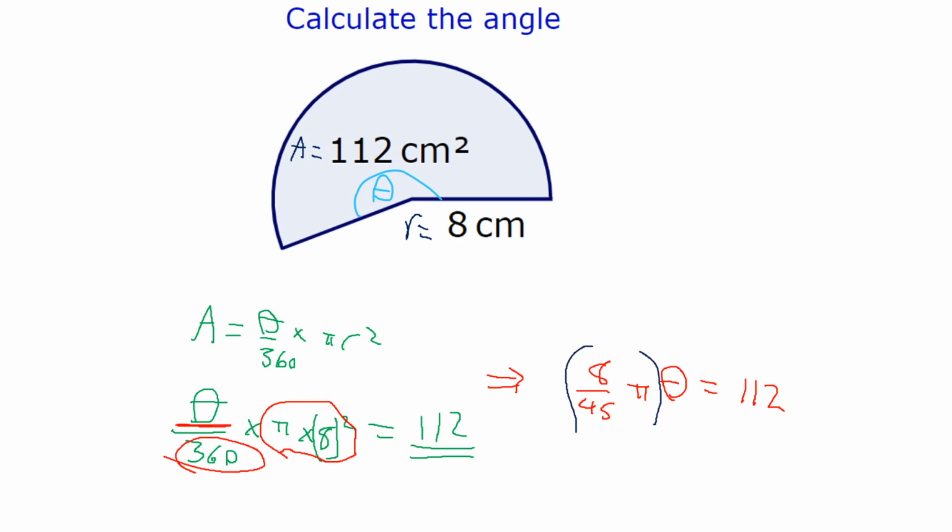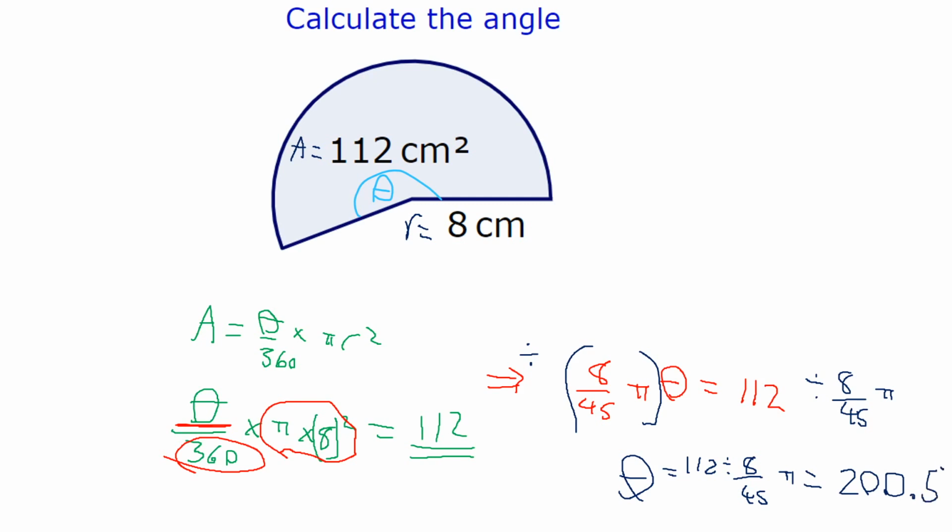And now all we need to do is divide each side by 8 over 45 pi. So then theta is equal to 112 divided by 8 over 45 pi. And when we do that, we are left with an answer of 200.5 degrees.